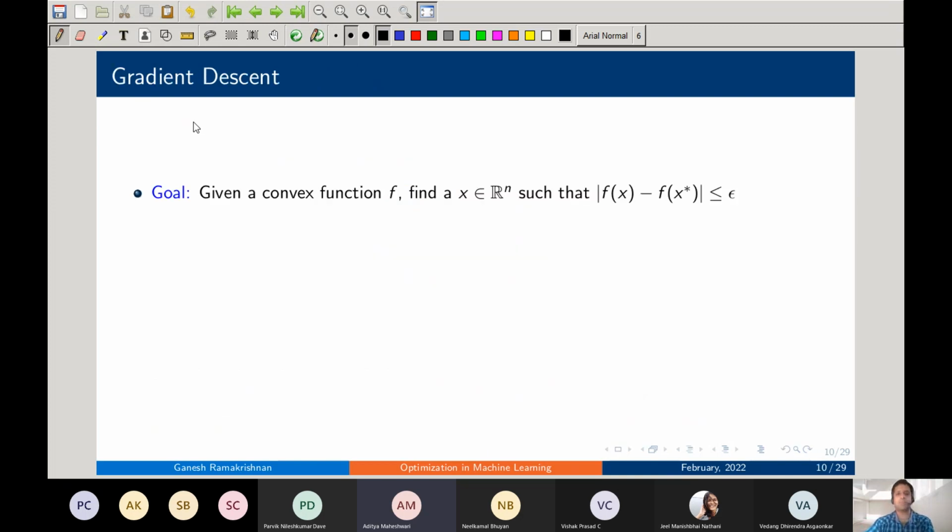So the most popular algorithm which all of us are familiar with is the gradient descent algorithm, right? And what's the idea? Given a convex function, if you want to go sufficiently close to the optimal solution x star, we know that for a convex function we expect x star to exist.